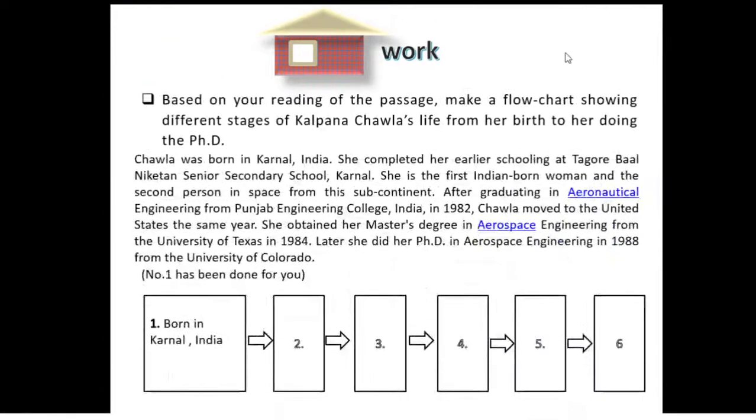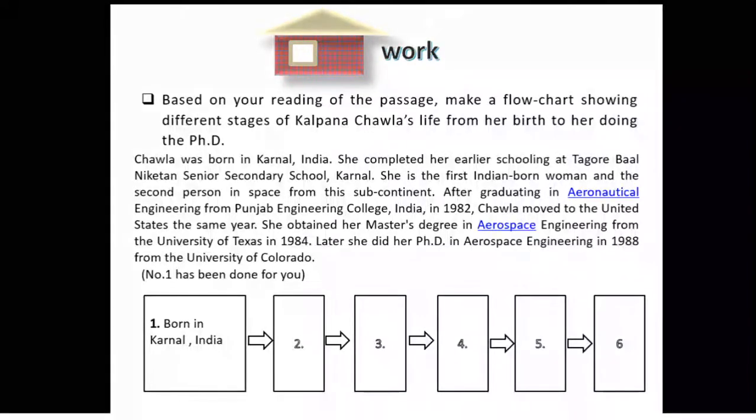And now homework for you. This is another question from unit 1 lesson 3, the same lesson, and you will prepare short notes or you will make a flowchart on the basis of this question at home.